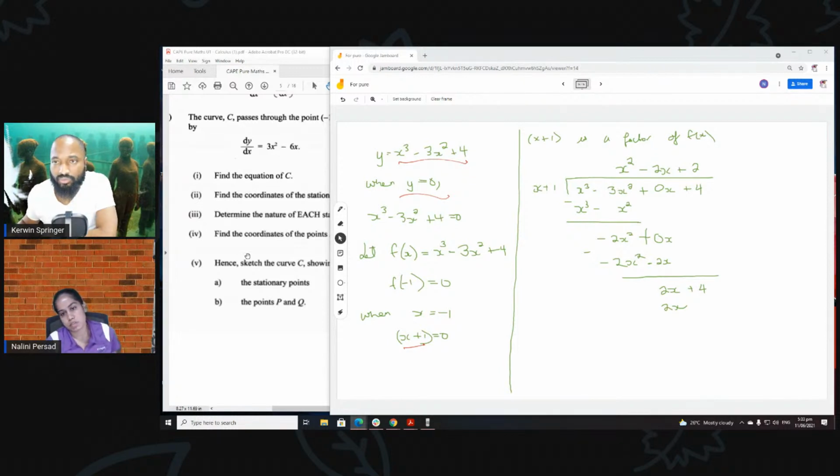Negative 3 plus... So is either something wrong with the equation, or was it x squared? Where you get this minus here? X squared. Oh, yeah. That's where I went wrong.